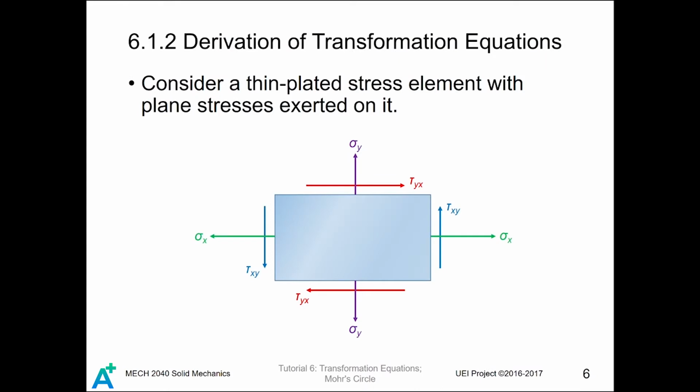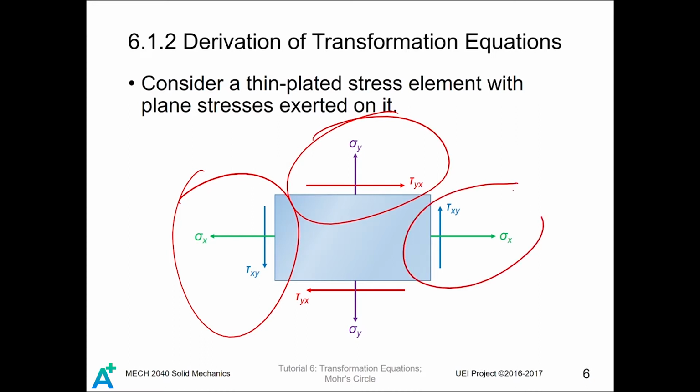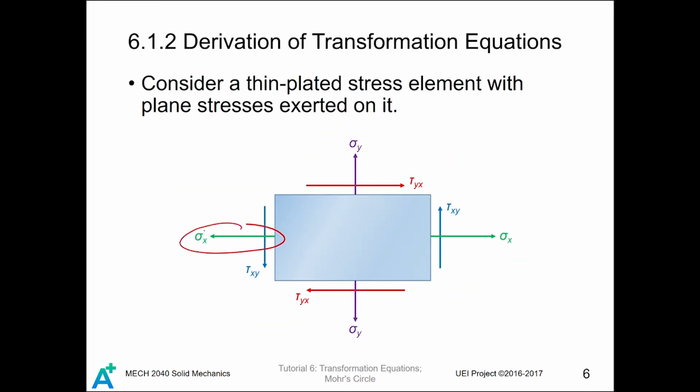Now let's try to derive the transformation equations by considering a stress element located inside a plane under plane stress. Consider a thin plate stress element. Then, on the four sides of it, there will be 8 stresses, namely 2 pairs of axial stresses in the horizontal and the vertical direction.